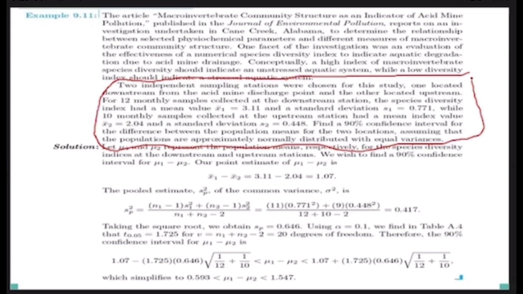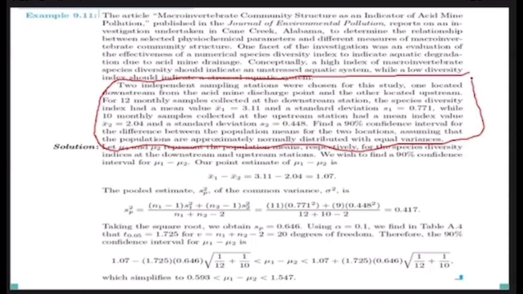One facet of the investigation was an evaluation of the effectiveness of a numerical species diversity index to indicate aquatic degradation due to acid mine drainage. Conceptually, a high index of microinvertebrate species diversity should indicate an unstressed aquatic system, while a low diversity index should indicate stress. Okay, so that is the information given.